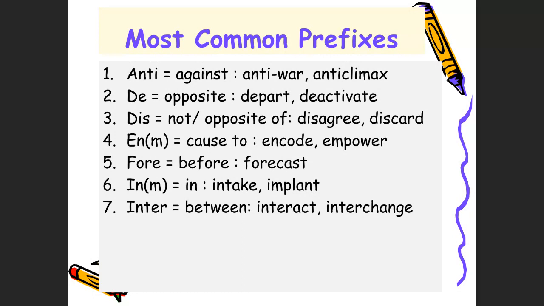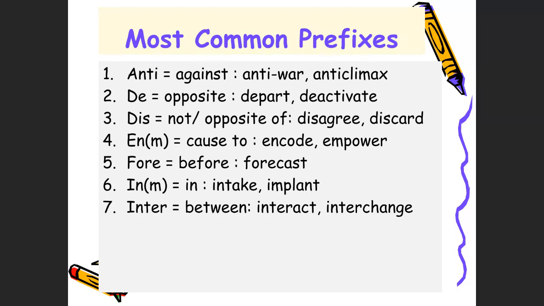Now, with dis. Disconnect. Good. Disconnect. What else? Does anybody have another example? Disinfect.